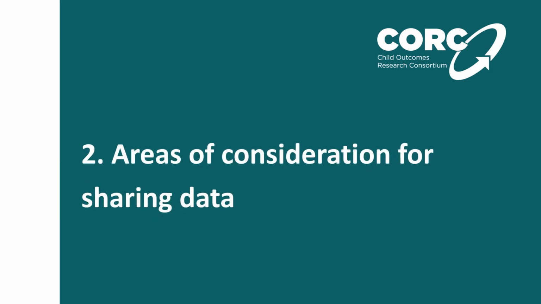Equipped with an understanding of key concepts and terms, we now move to the second part of this module to discuss important areas for consideration and decision-making in sharing data.